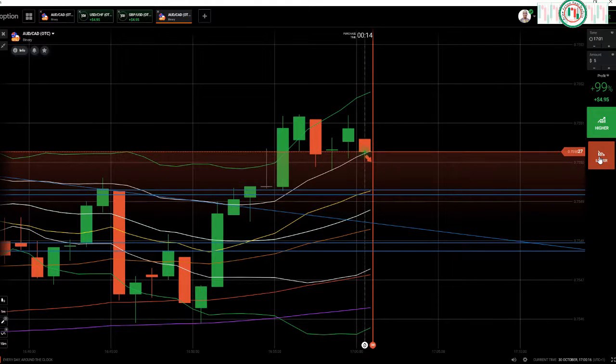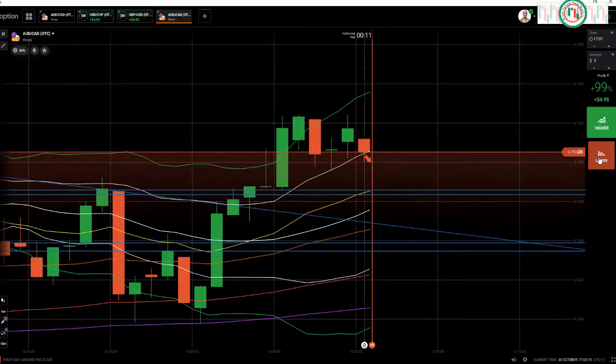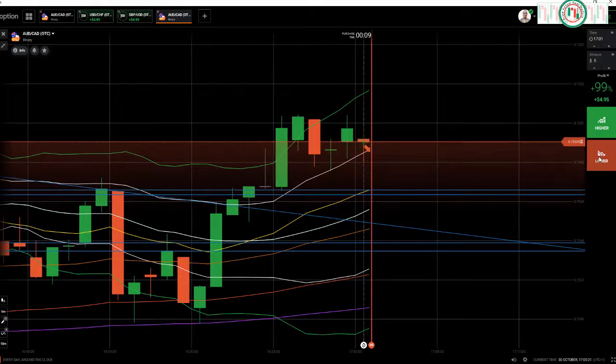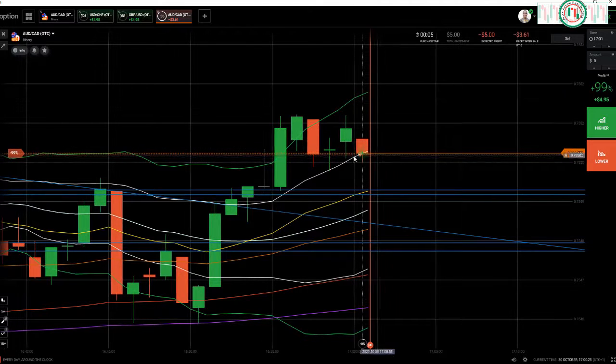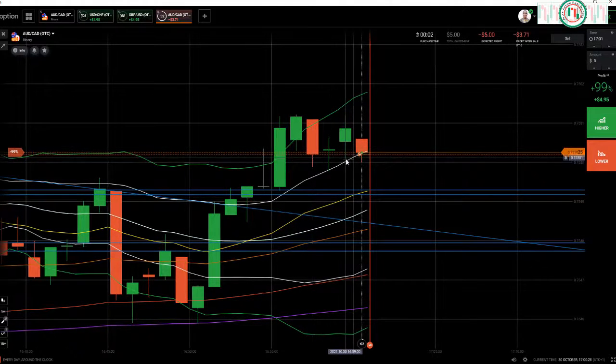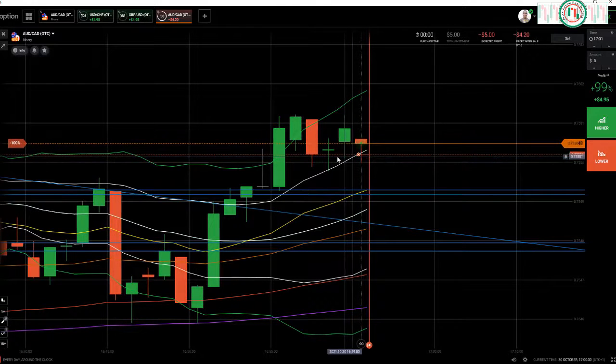This market will reverse if I get a higher entry point. Yes, you see, bad entry point, but no problem, it will break this level. The market must break this level now.